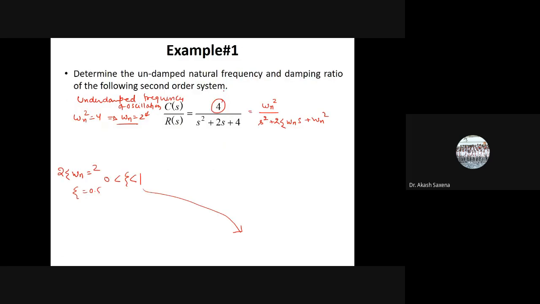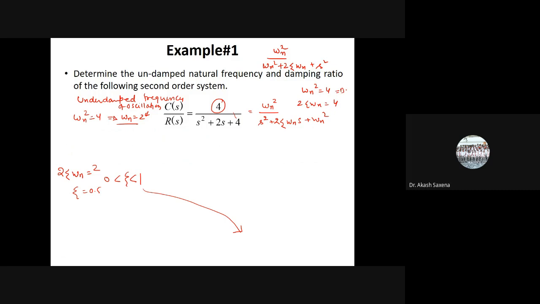If you see the example, how do we determine the undamped natural frequency? This is 4, which is given over here, and if I compare it with omega n square divided by s square plus 2 zeta omega n s plus omega n square, I can say omega n square is equal to 4 and 2 zeta omega n is equal to 4 also.